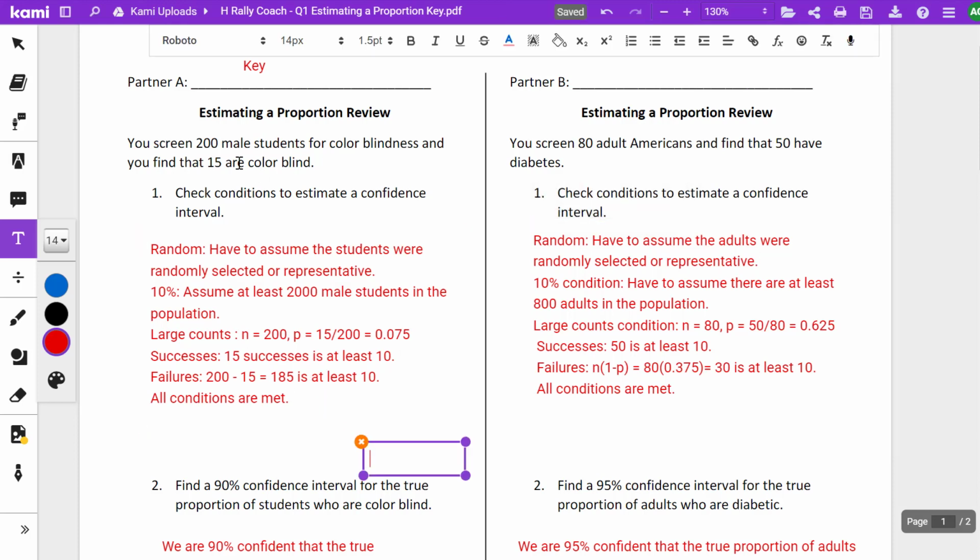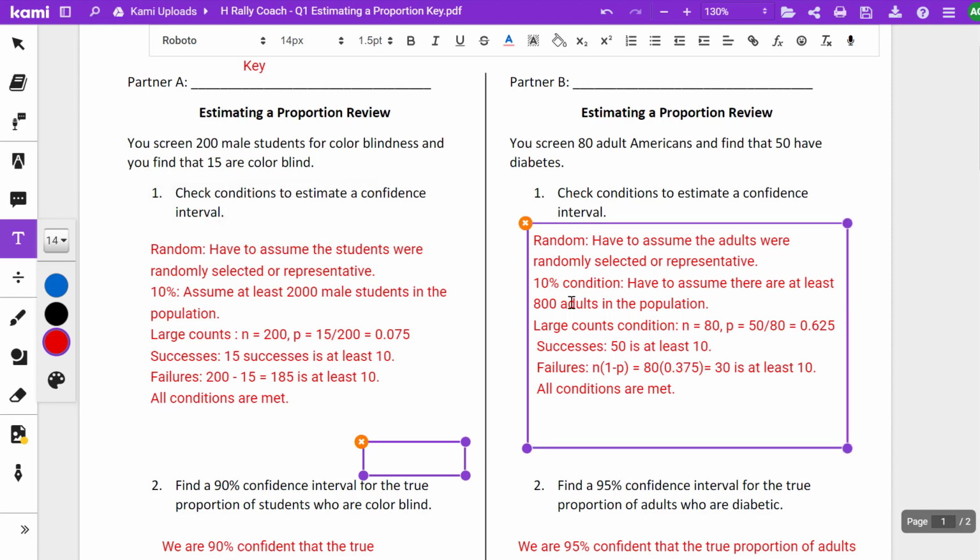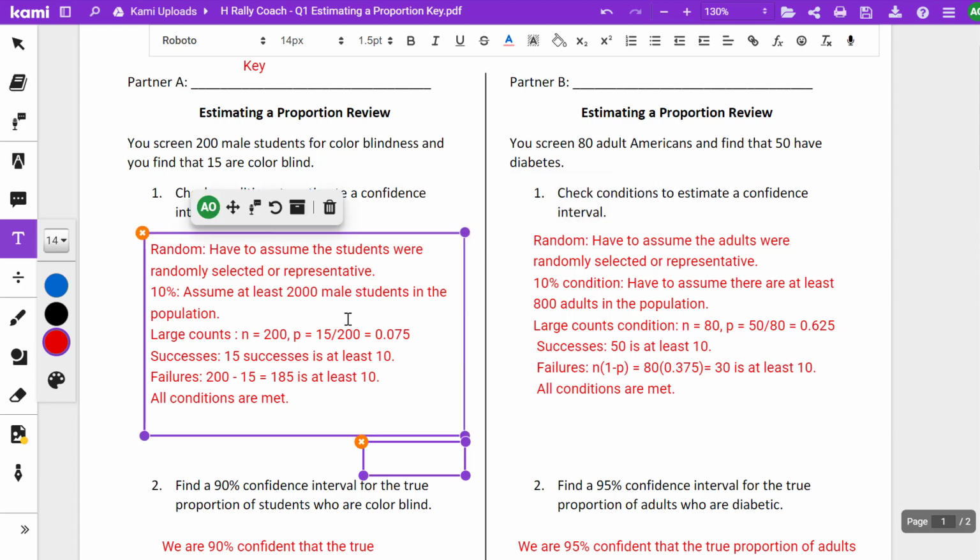10%. Our sample size is 200, and we need that to be no more than 10% of our population. Since we don't have the population, we have to assume at least 2,000 male students in the population. Here we have 80 in our sample, so we have to assume at least 800 adults in the population. Large counts: here's our n, our p, and so we just have to calculate the expected number of successes, which is n times p.